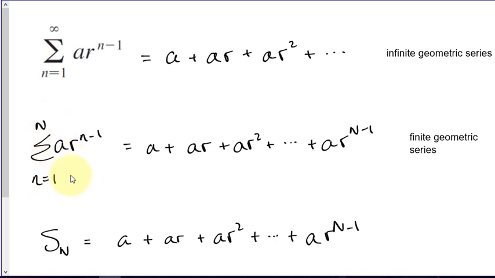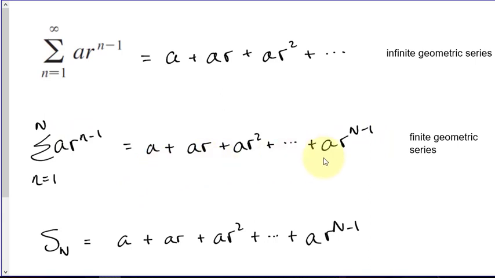If you plug in little n equal to 1, you'll get 1 minus 1 on that first term, and so you get the first term as A. When you plug in 2, your second term has a factor of r, that common ratio r. Third term has an r squared. When you plug in 3, that's 3 minus 1 gives you a 2 for the exponent, and it continues until you finally plug in the last term, capital N, and you have a power N minus 1 there.